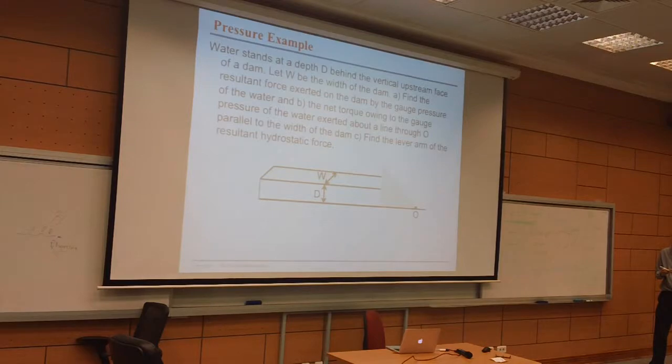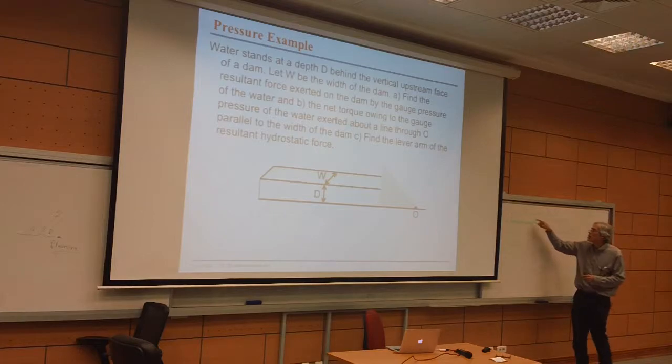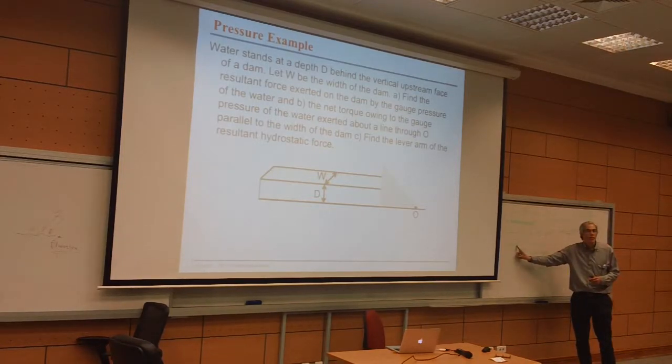Why do we use here d minus y and not y only like the first part? Because in the first one we were substituting for the pressure, and the pressure is rho times g times the depth, which is y. But in the second part we are using the lever arm for the torque.